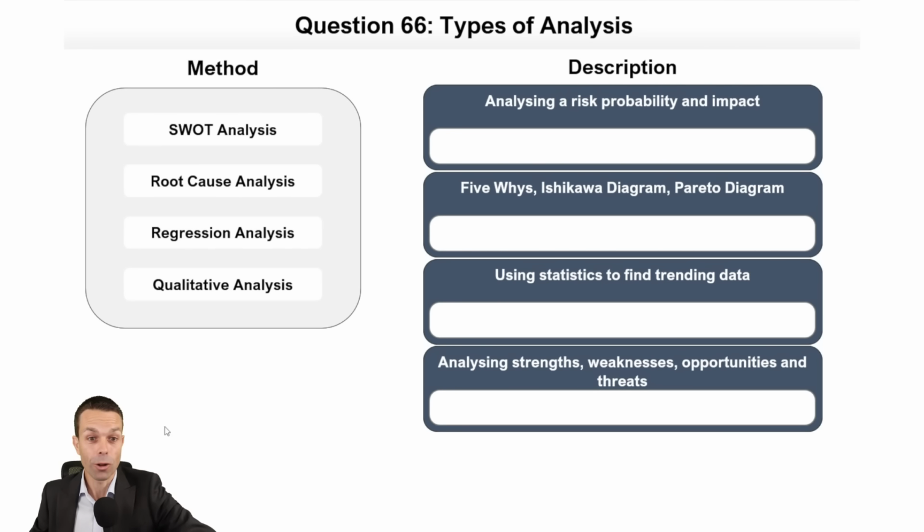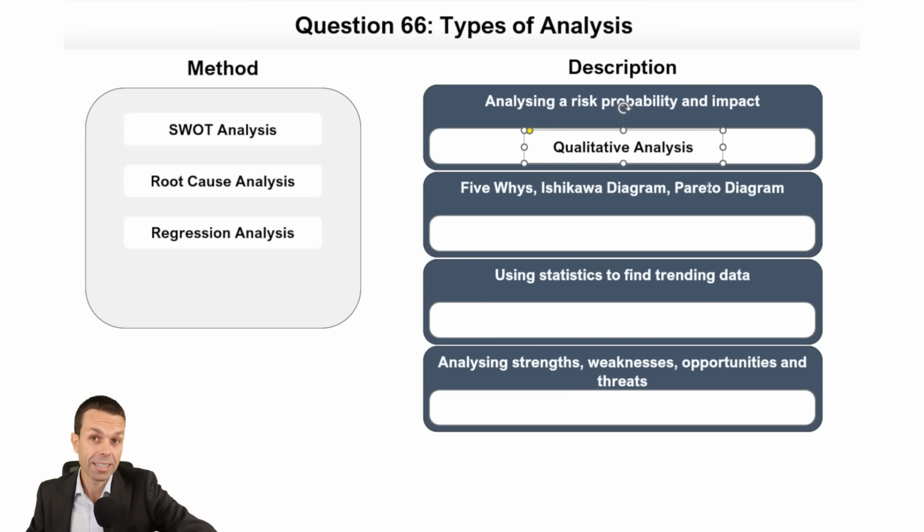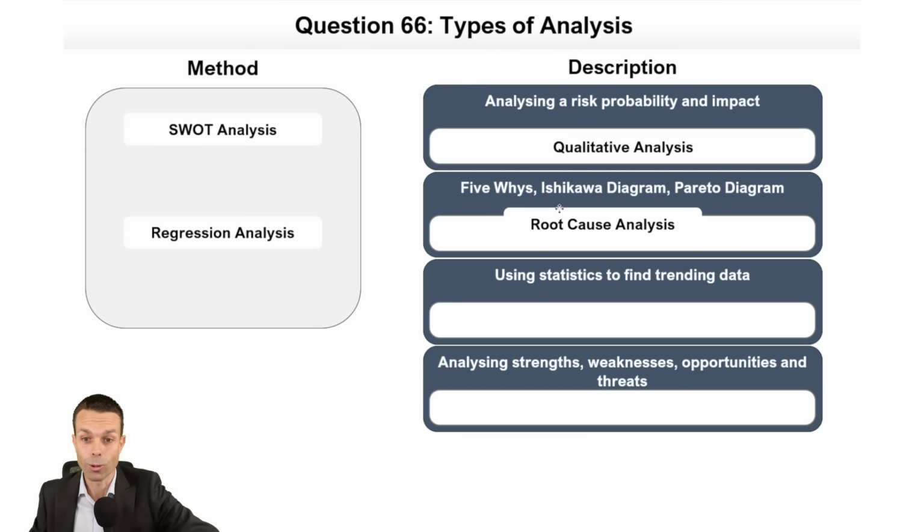Wonderful stuff. All right, more types of analysis. Let's see what we've got. Analyzing a risk probability and impact. That is our risk qualitative analysis. And so that's a good way to do it. 5 whys, Ishikawa diagram or Pareto diagrams help us find the root cause of the problem, root cause analysis.